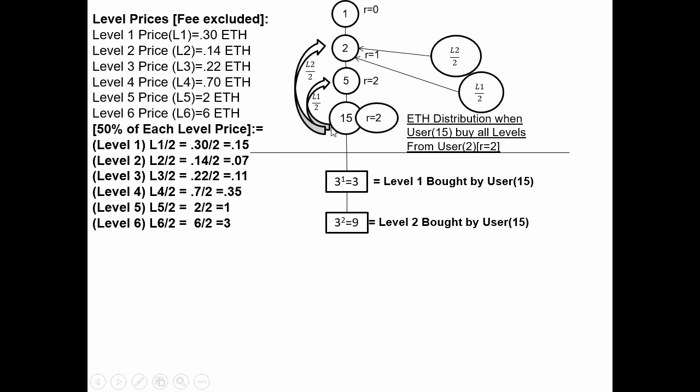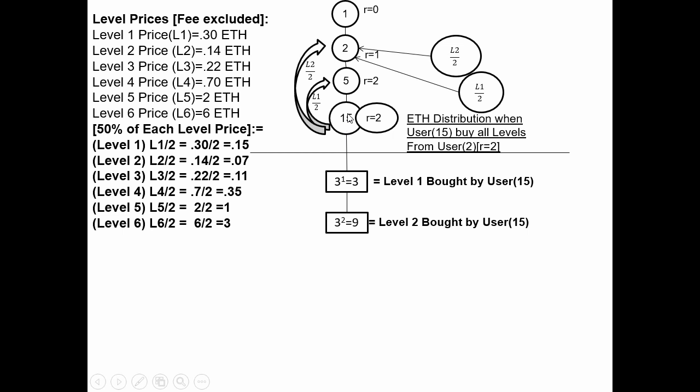So L2 by 2, that means 0.07 Ethereum, will go to user 2 as the upper upline, and the rest of the 50%, which is 0.07, L2 by 2, will go to user 2 because this user brought user 15 into this game.